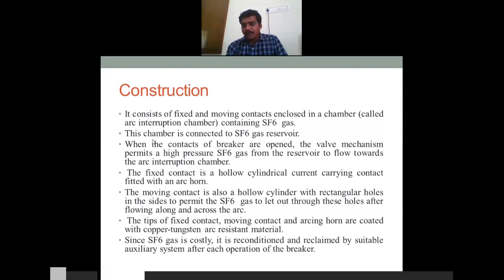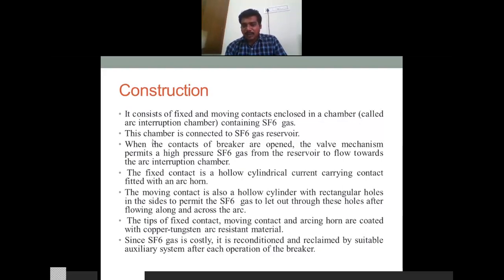When the contacts are open, the gas from the SF6 reservoir will enter the arcing chamber and interrupt the current between the contacts. The fixed contact has the arcing horn, and the moving contact has a rectangular hole where the SF6 gas enters once it comes from the SF6 reservoir.